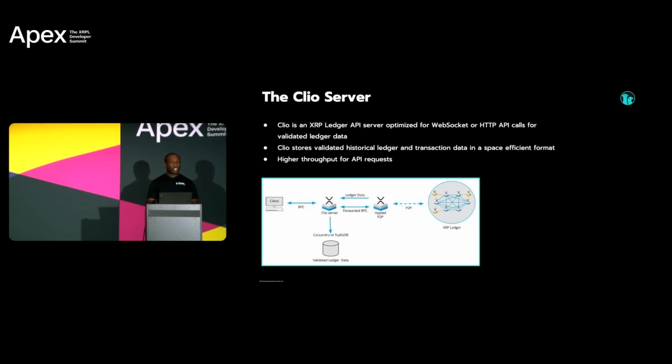So you can reduce the pressure from that, and the servers themselves also have a high throughput for HTTP API calls, and it can also be easily horizontally scaled. So there's a couple of good benefits to running a Clio server, which is much simpler and easier compared to running a full node.